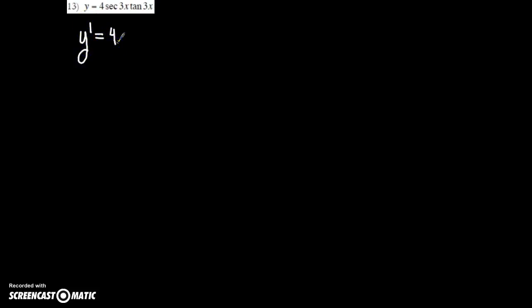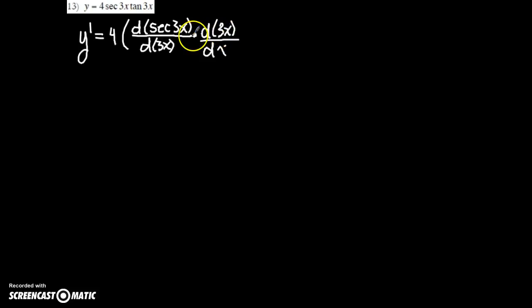So bringing that 4 out, okay. We'll take the derivative of the first one first. So let's write it out that way. Secant 3x with respect to x, with respect to the inside, sorry, with respect to 3x, times the derivative of the inside, with respect to x.